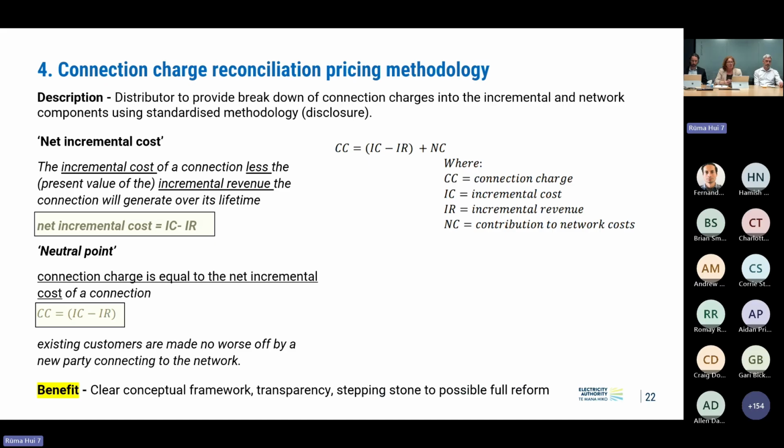In the reconciliation, network cost is the balancing item representing an amount an applicant is charged beyond or below the neutral charge. Conceptually, NC, the contribution to network costs, represents the applicant's contribution to costs that are unaltered by their connection.